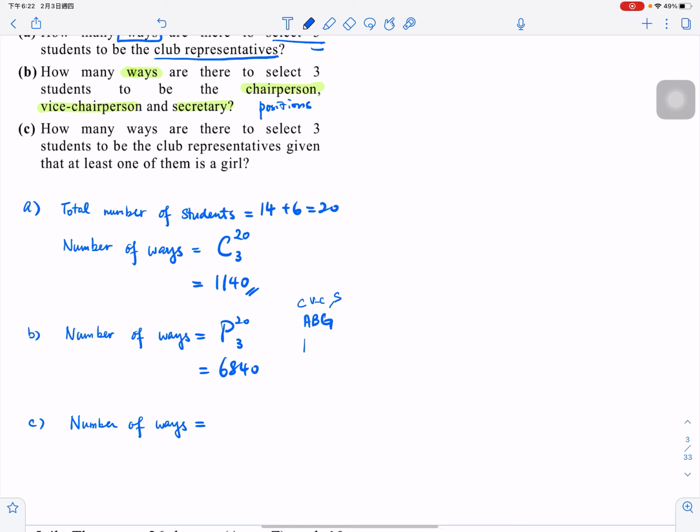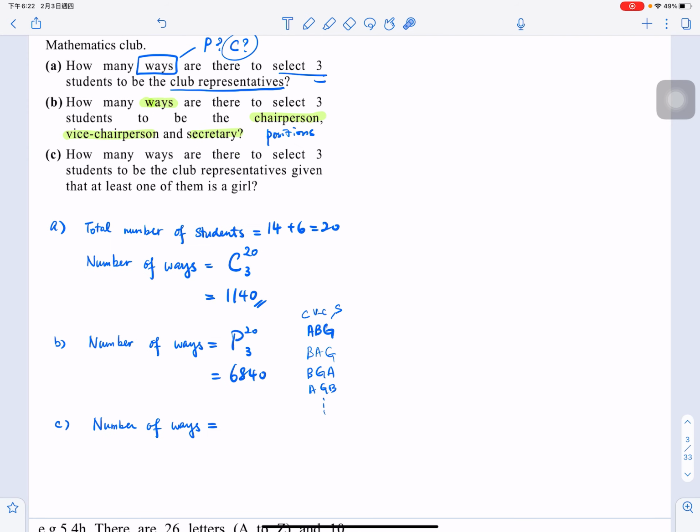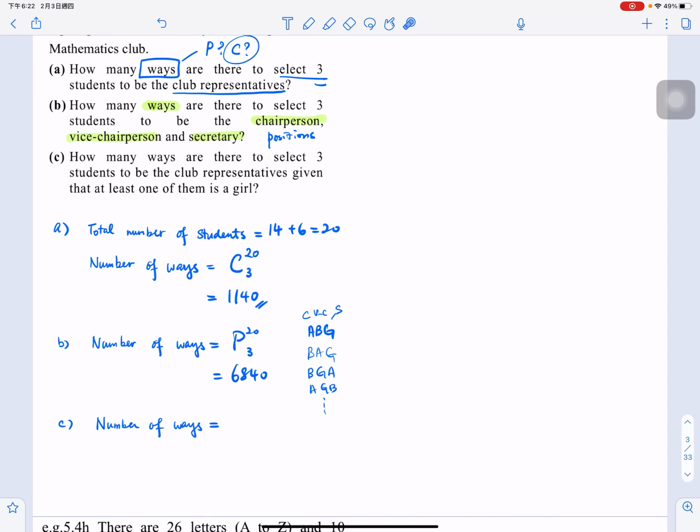You can do BAG, you can do BGA, you can do AGB, and so on. That's enough. Because you have a position, so use P. Like the different order with the same combination. All of them are ABG, but you need to think about the permutation. That means put it in order. Will have different ways.